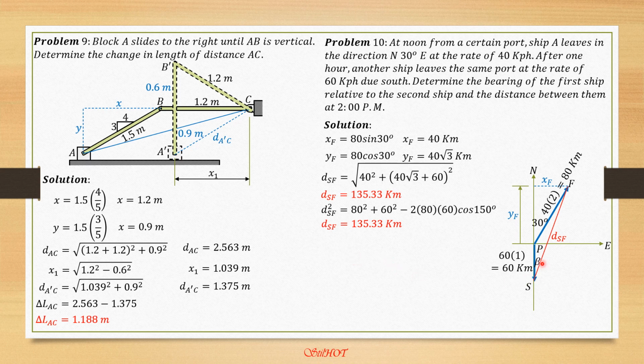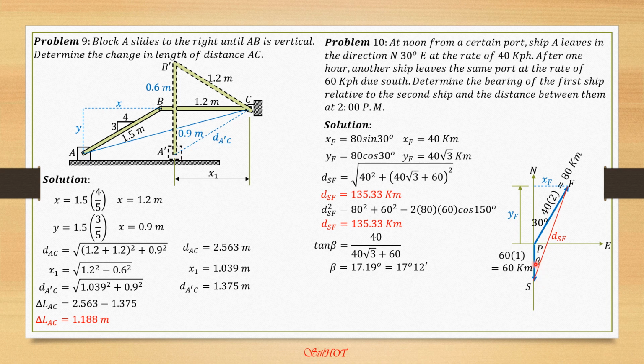And finally, for beta, again, using this right triangle here, tangent of beta is XF over YF plus 60. So 40 over 40 square root of 3 plus 60, using your calculator, beta is 17.19 degrees or 17 degrees 12 minutes. Another way of solving beta is using triangle FPS and by sine law.